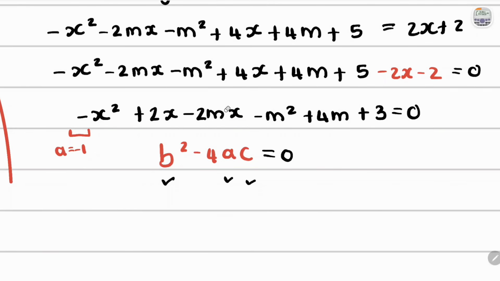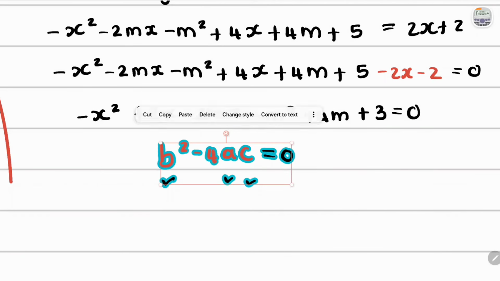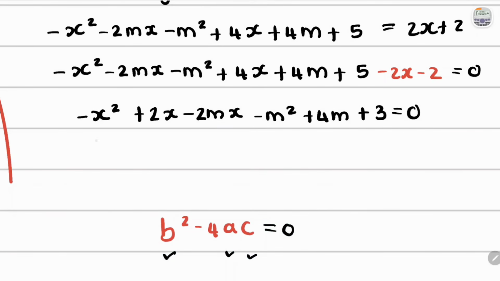But here, it's not easy to see yet. So let's just make some adjustments to that. Here's what we can do there. We leave this as -x squared. And then with this, because they both have x, it's like taking out x as a common factor. You could write it like this, x, and say what is left here, you're going to have 2, and then minus 2m.